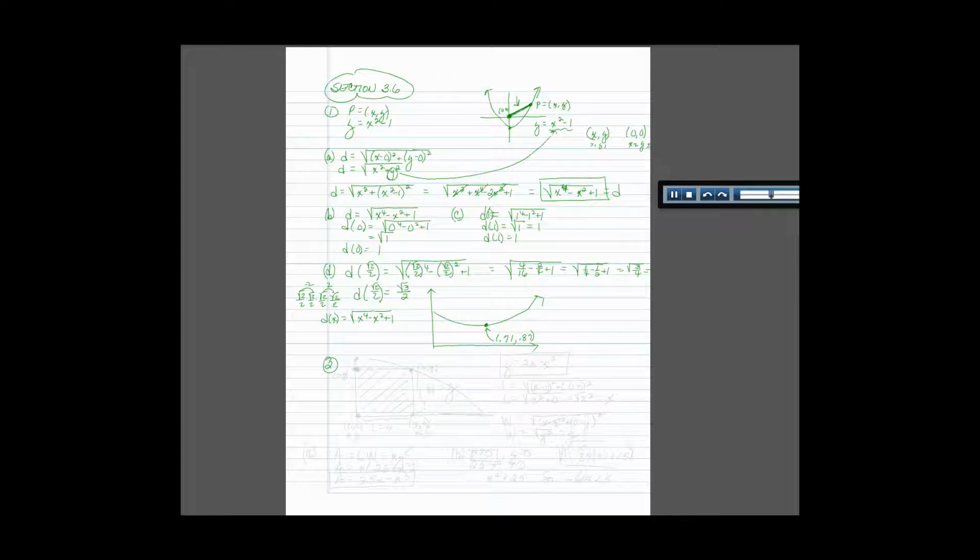Let's look at example 2. A rectangle has one corner in quadrant 1 on the graph of y equals 25 minus x squared, another at the origin, a third on the positive y-axis, and the fourth on the positive x-axis as shown in the figure below. So let's fill in that information so far.